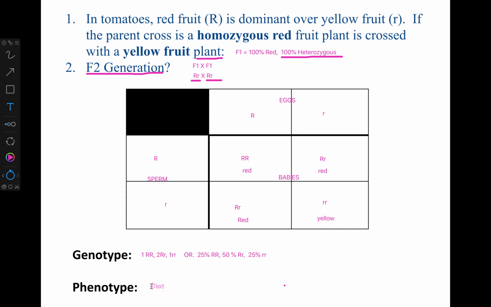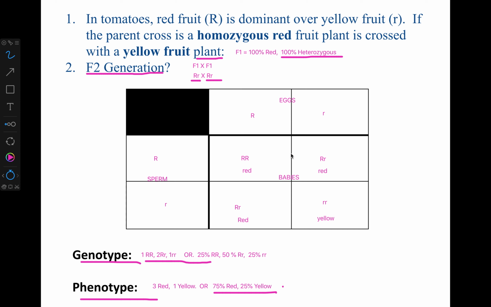So our phenotype is just going to be 3 red to 1 yellow, or 75% red to 25% yellow. You can see how it's totally possible to have a different genotype ratio than phenotype ratio, right? So the phenotype might not reveal what's going on underneath with the genes.